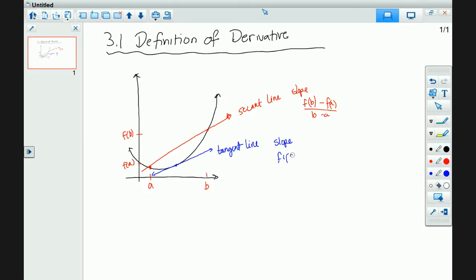I'm going to call that C. It's denoted f prime of c. So if you calculate that value, that's the slope.